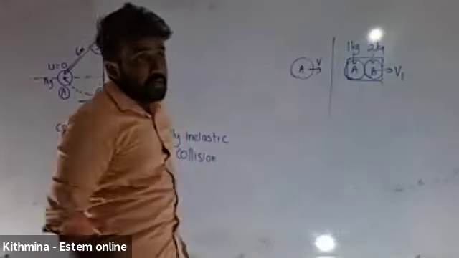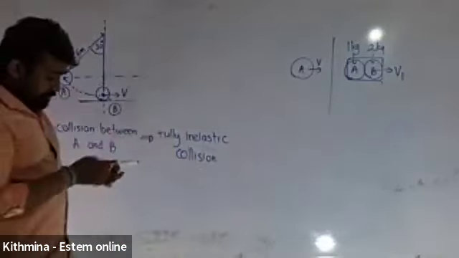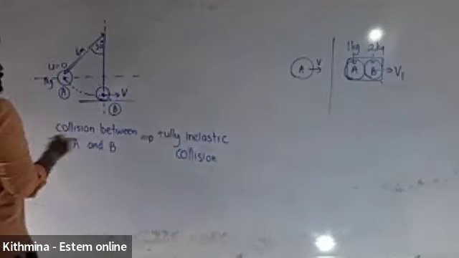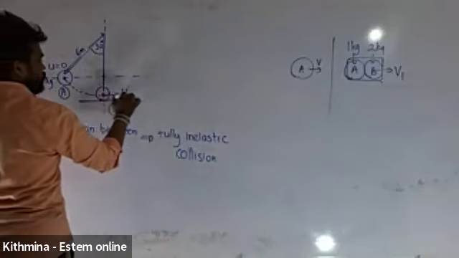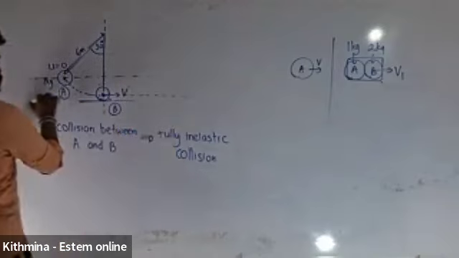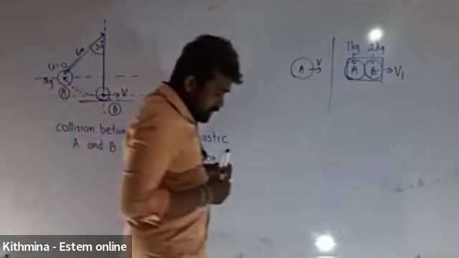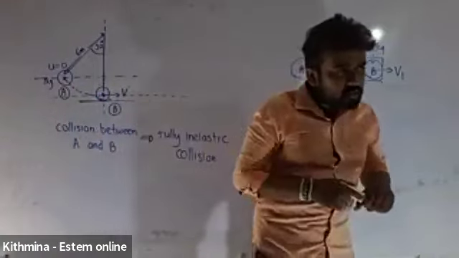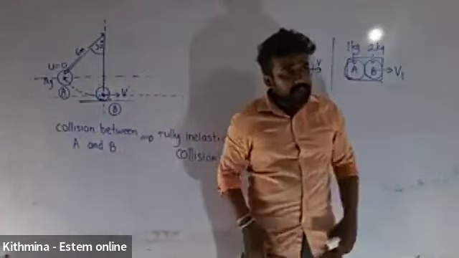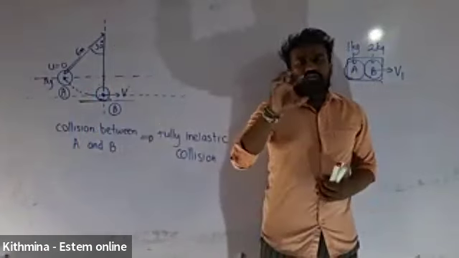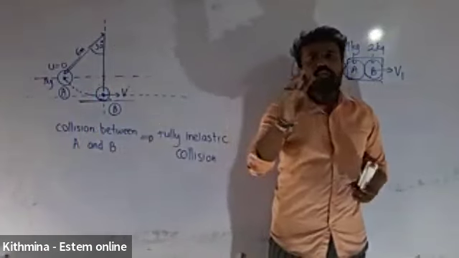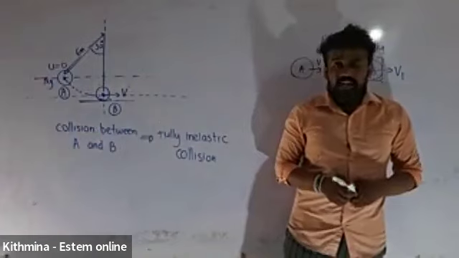Now we can find V by using energy conservation. These are the two levels. When we are using energy conservation, we should take a zero potential level.